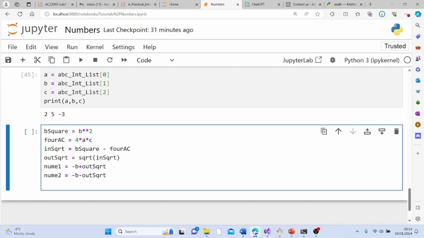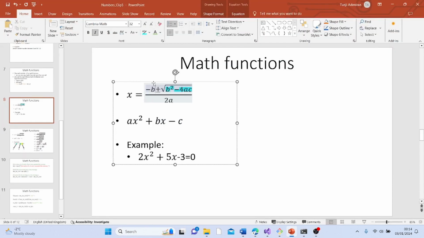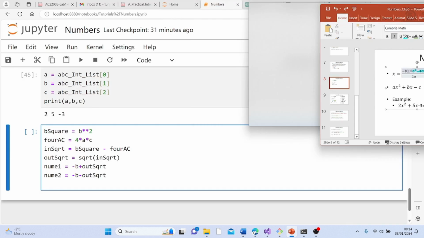So we have this done now. The in square root calculates this, the out square root did the square root, then the first numerator did minus b plus the output of this, and the second one did minus b minus the output of this. So we have the two numerators over there.